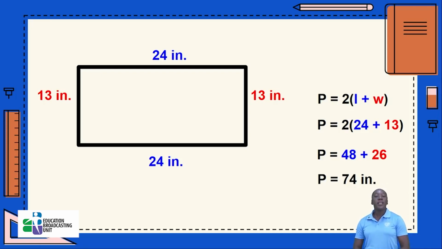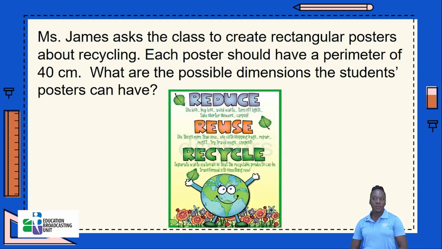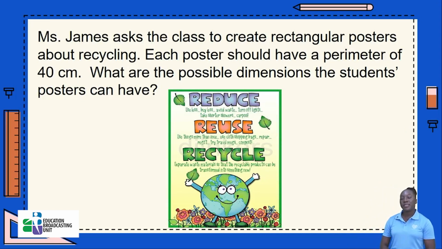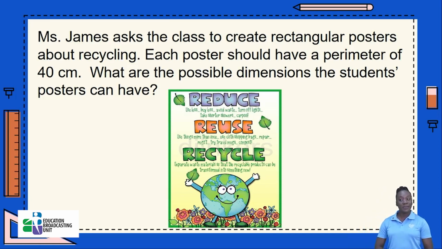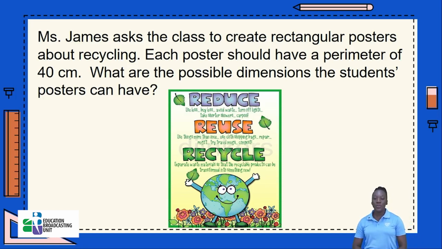So now let's practice an actual exam question. Ms. James asked the class to create rectangular posters about recycling. Each poster should have a perimeter of 40 centimeters. What are the possible dimensions the students' posters can have?